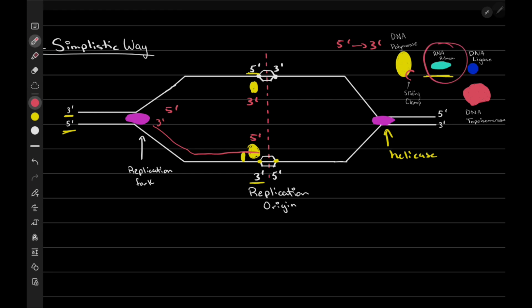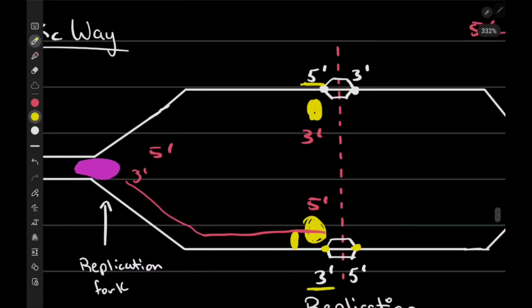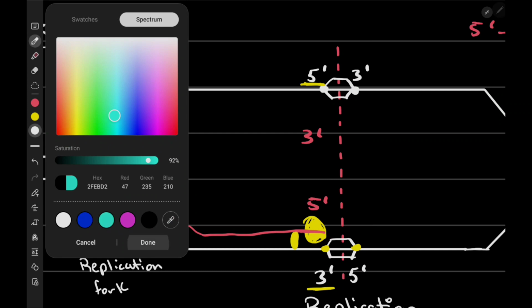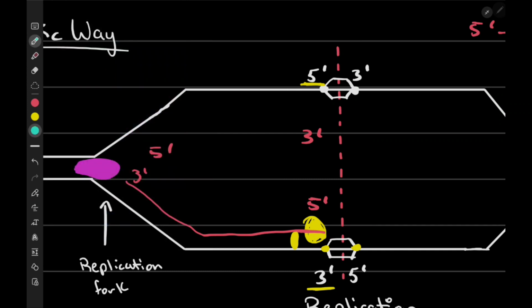This molecule called RNA primase will lay down, I'm going to zoom in further, an RNA primer right about here. Your DNA polymerase will go ahead and start right here at one of the sugar molecules, which is 3'.